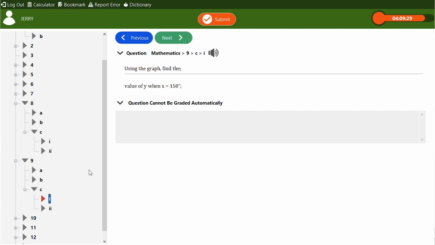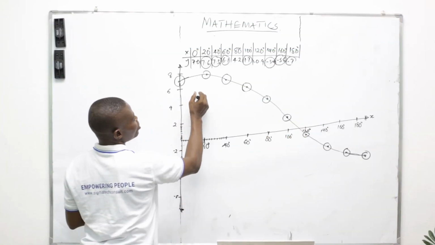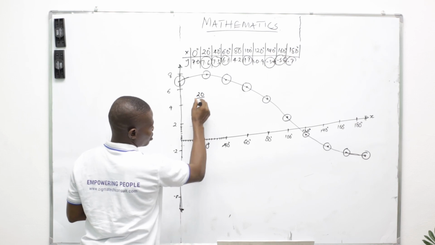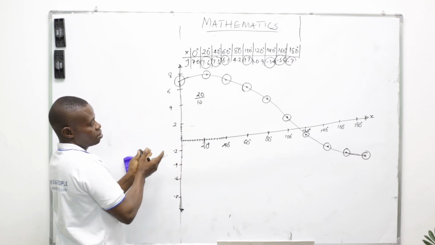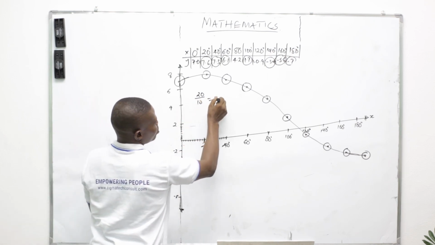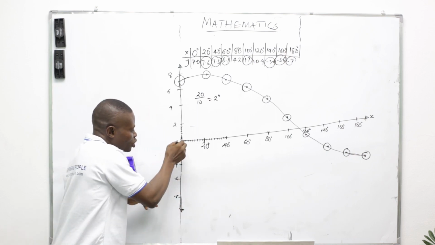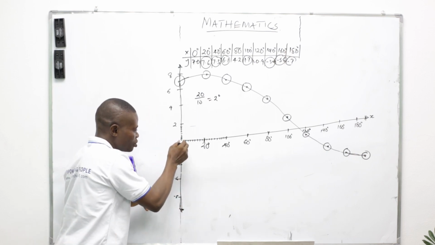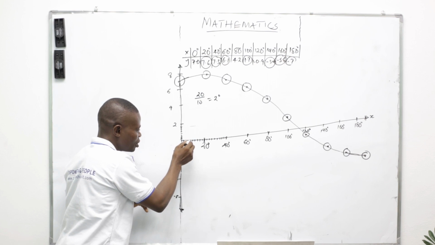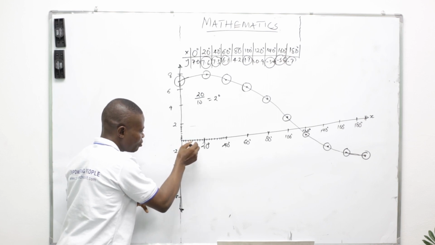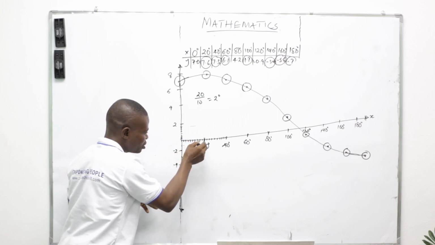Recall that one big square contains 10 smaller ones in it. Now, each angle here is what? 20. I want to say 20 divided by 10, because we are dealing with 10 holes. 20 over 10 equals what? 2. Meaning one small square is what? 2 degree. 2 degree, 4, 6, 8, 10, 12, 14, 16, 18, 20.